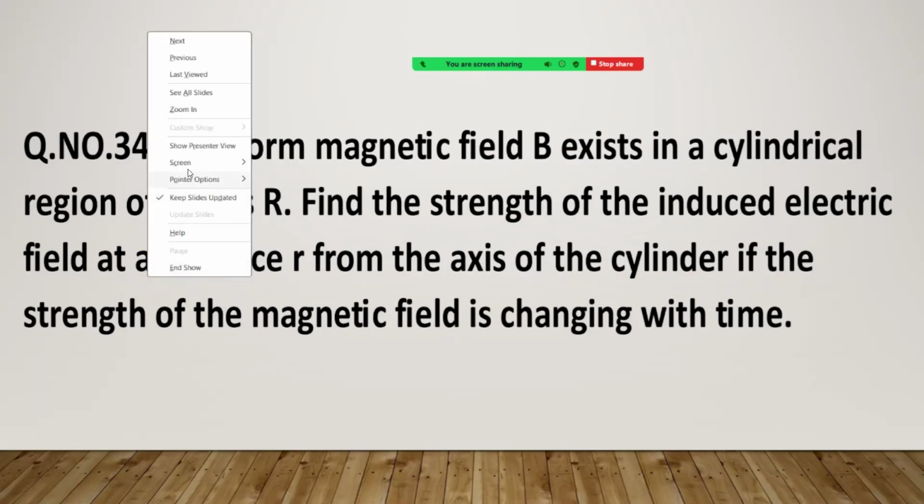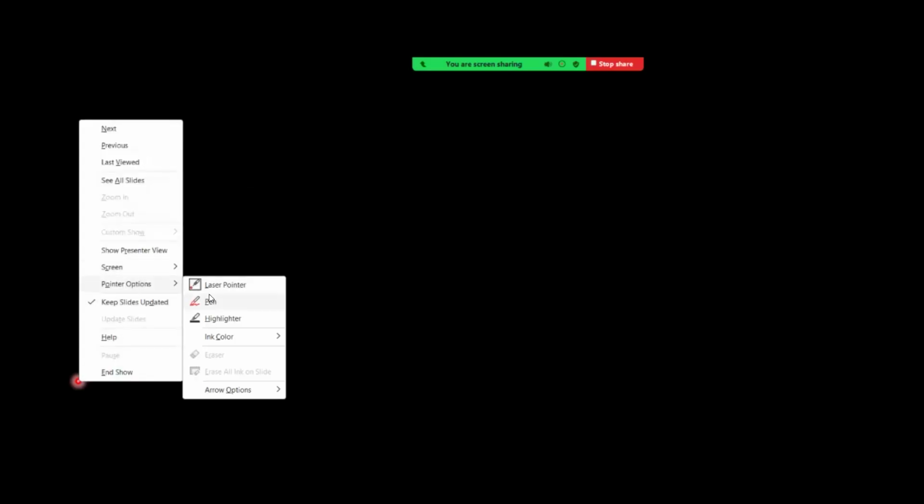Right? Let us see. First make a diagram. Condition given that magnetic field is confined to one cylindrical region.